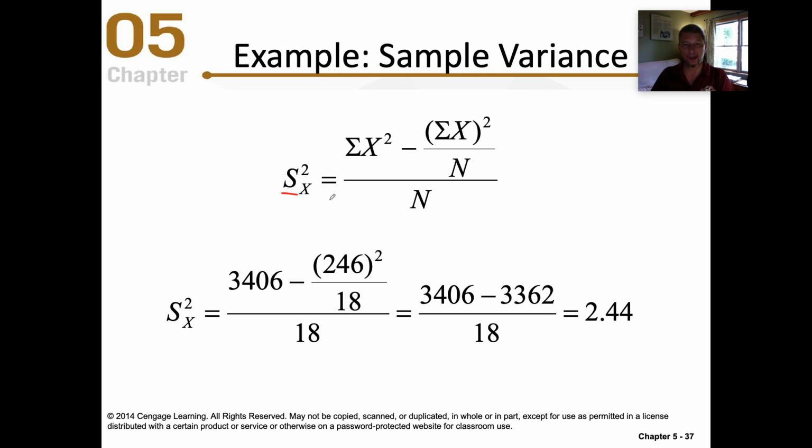Then I'm going to divide the whole kit and caboodle by 18 again. So let's simplify this. Here you can see that I've plugged in all of the numbers: 3,406 minus the quantity 246 squared divided by 18, all divided by 18. And that's going to give me a sample variance of 2.44.